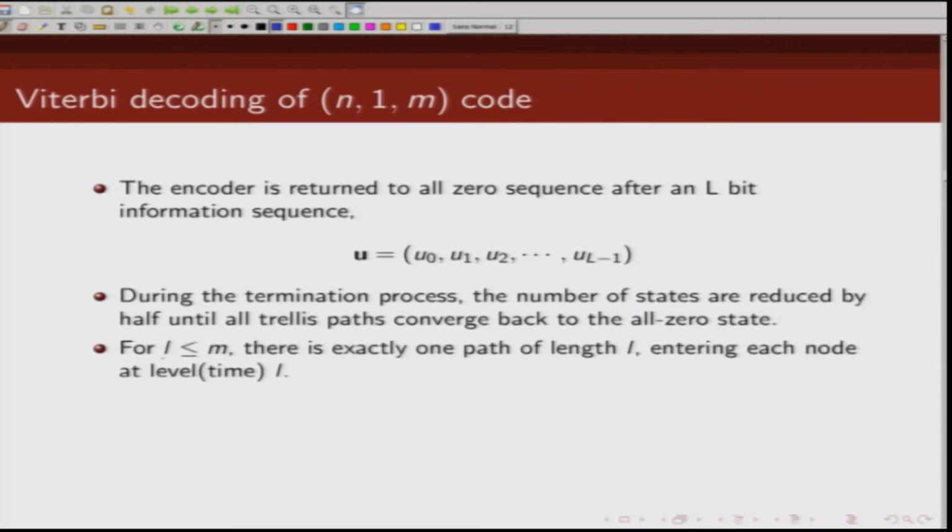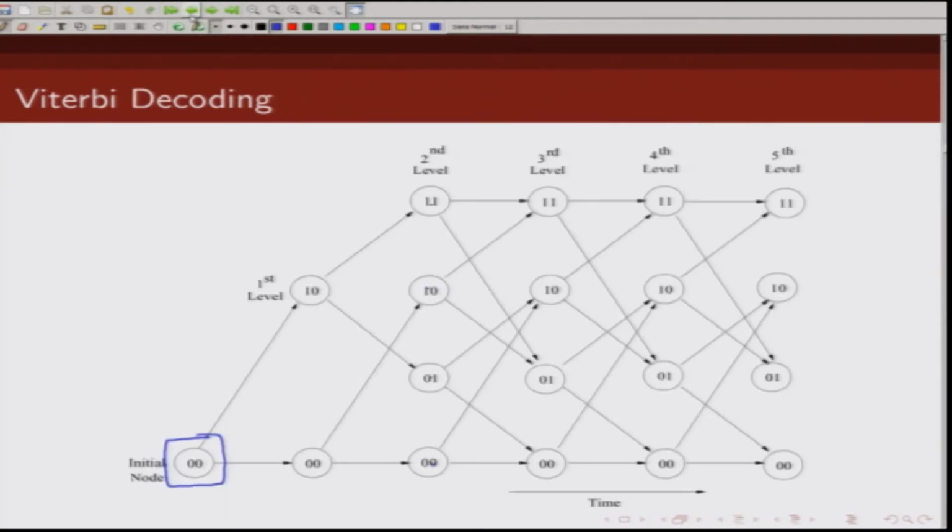So, as we said, for time less than memory order, there is only one path of length L entering each state, each node. You can see, go back to this diagram, up to this point, there is only one. Let us say I want to reach 1 1 from 0 0, there is only one path through this. I want to reach here, there is only one path. I want to reach this state, there is only one path.